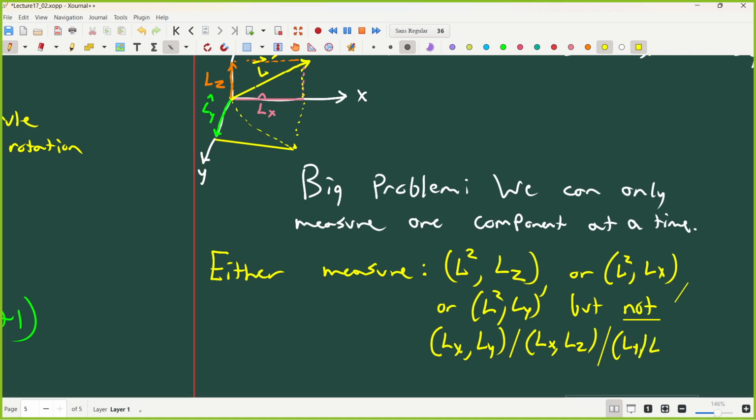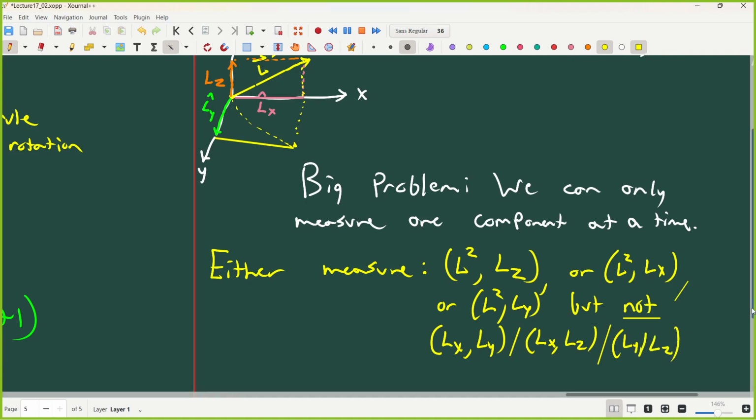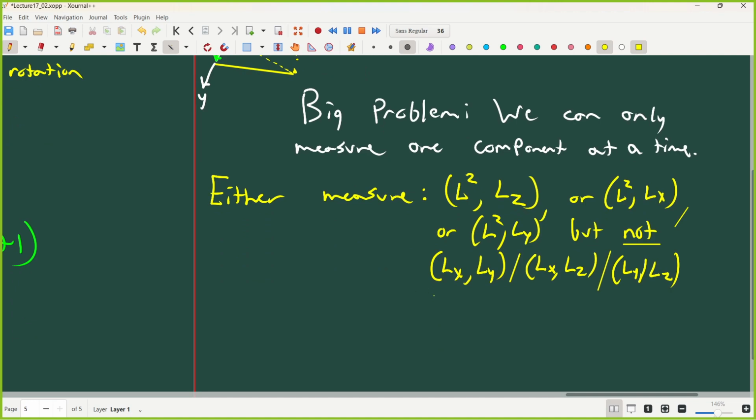You can't measure 2 directions at once. You can only measure 1, or any other combination.